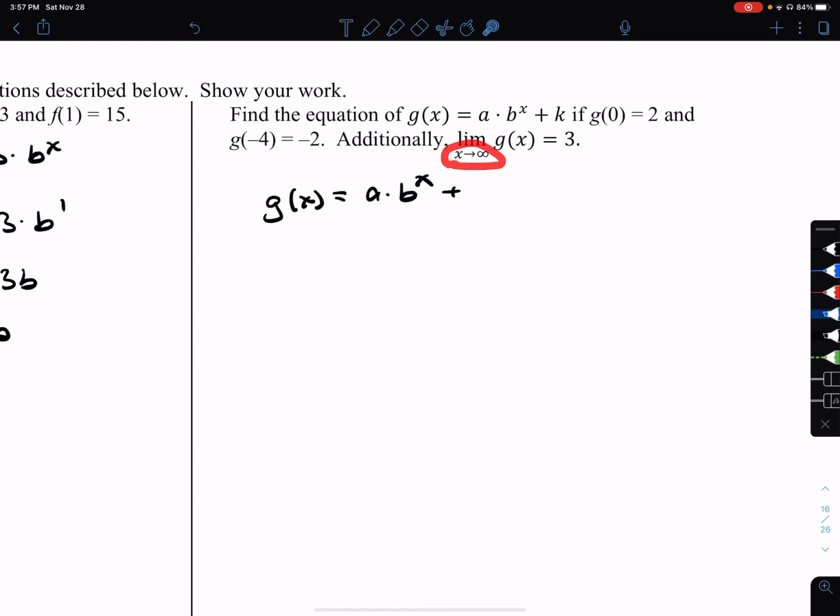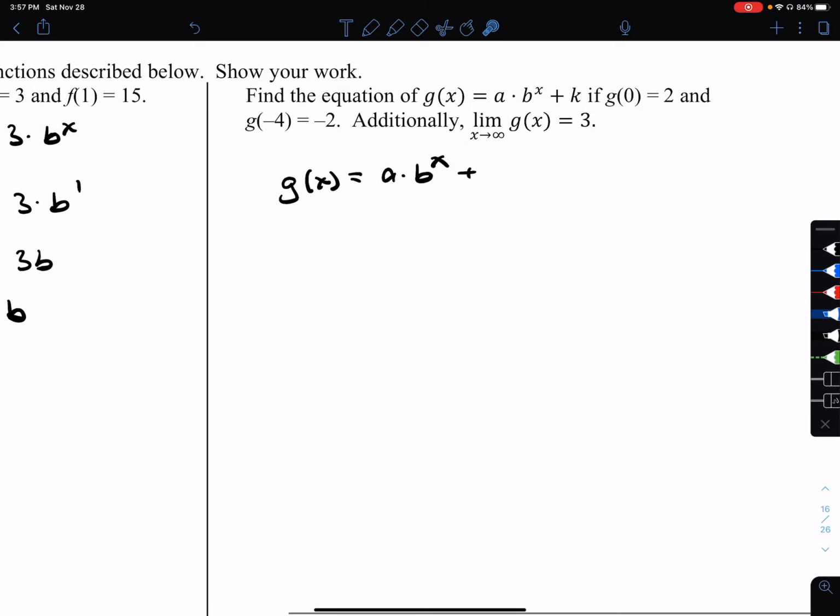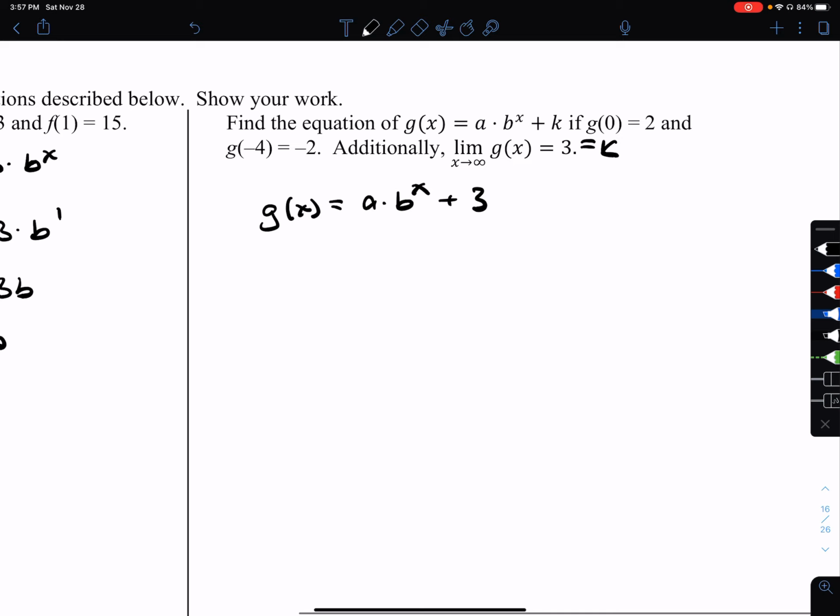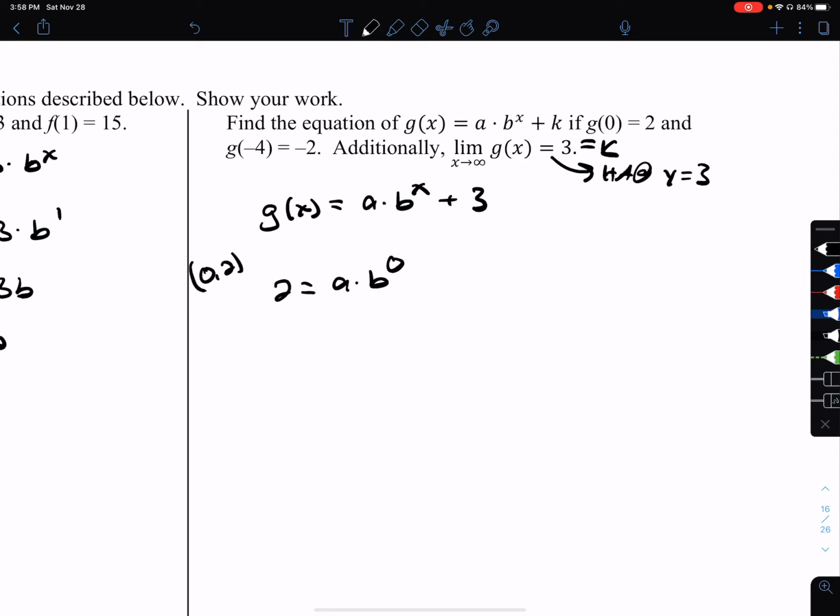For the end behavior of an exponential function, one end behavior will always approach the horizontal asymptote, a number. So that means that this is k, which is 3, because this is a horizontal asymptote at y equals 3. So I can put the ordered pair in, 0, 2, putting 2 in for g, 0 in for x.